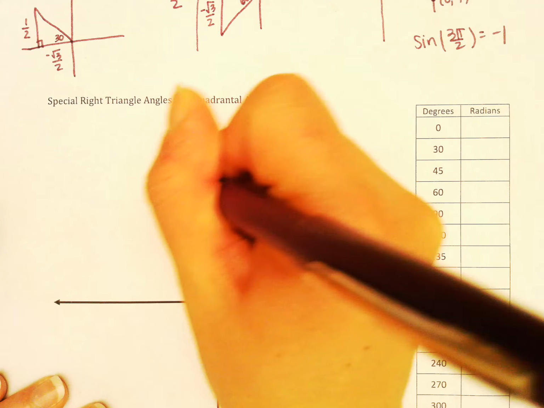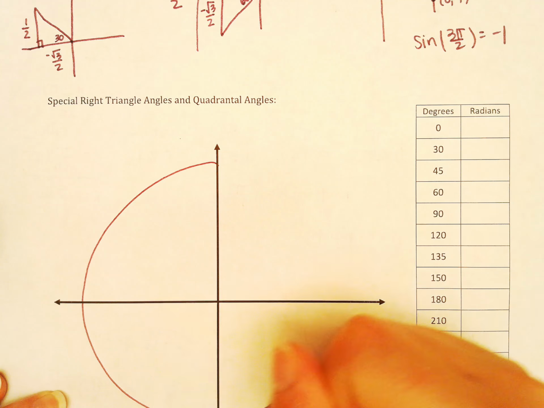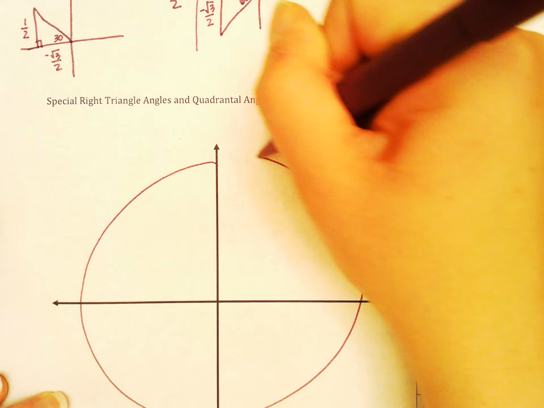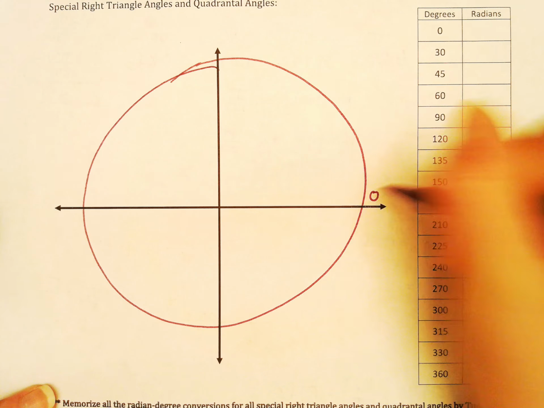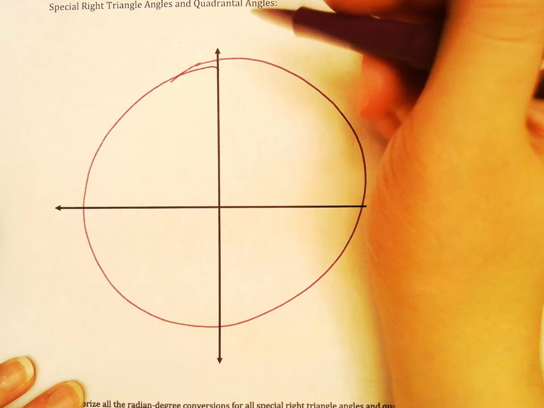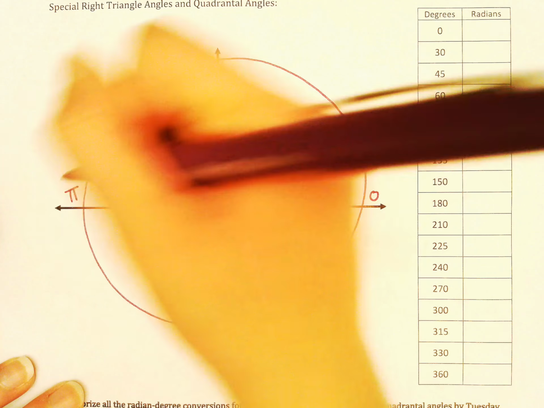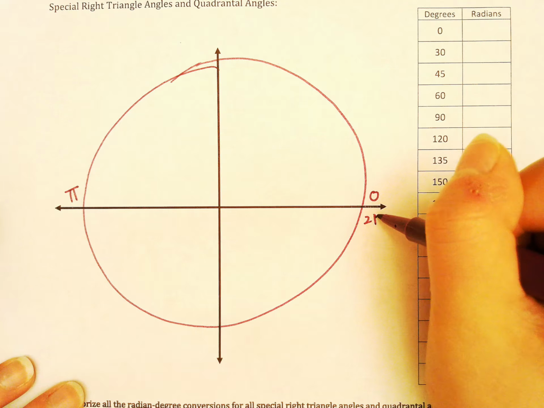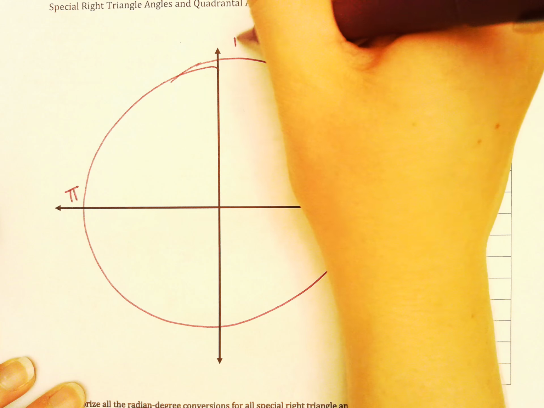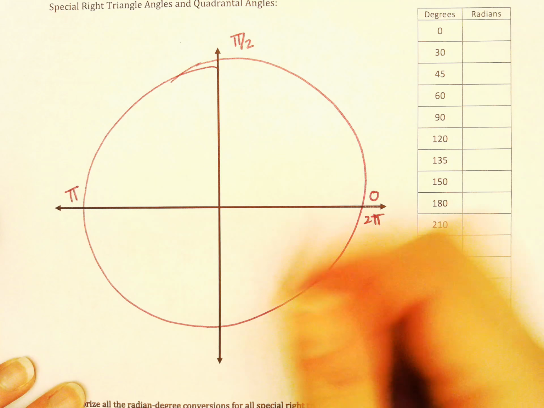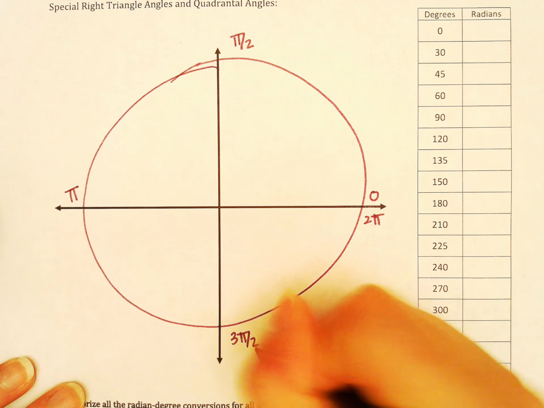So here's my unit circle. I'm going to start with 0 degrees, and we already filled this in at the top. All the way around is 2 pi, halfway around is pi, halfway to pi is pi over 2, and halfway between pi and 2 pi is 3 pi over 2.